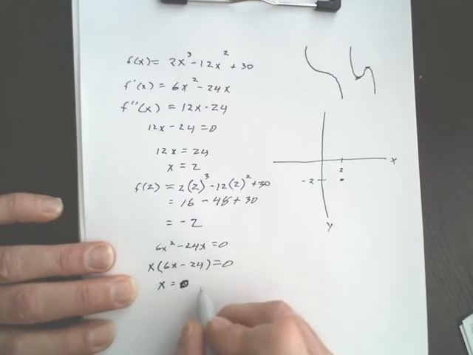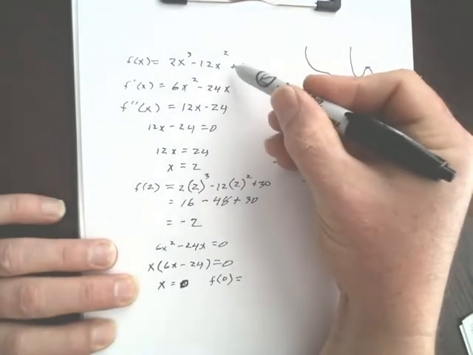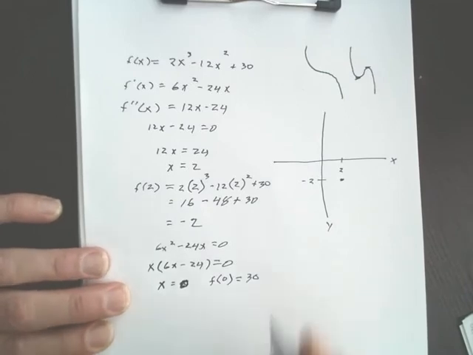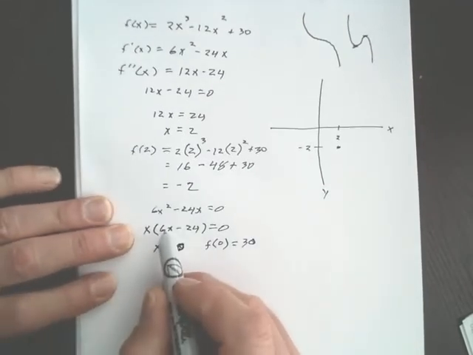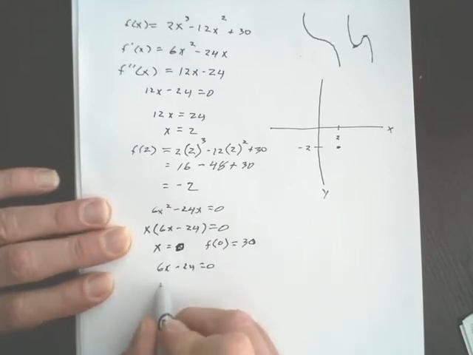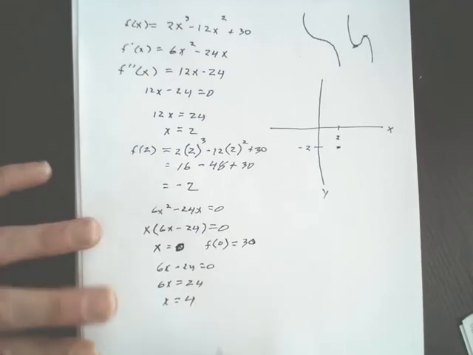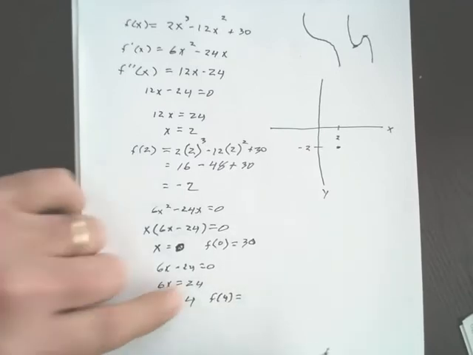Okay? What is the y coordinate when x is 0? Well, we look at f of 0. We plug 0 back into here for x, and we get 30. Okay? So that's our x and y coordinate for one of the maxes or mins. The second x coordinate comes from 6x minus 24 equals 0. That's going to be 6x equals 24, x equals 4. Okay? So when x equals 4, what does f of 4 equal?